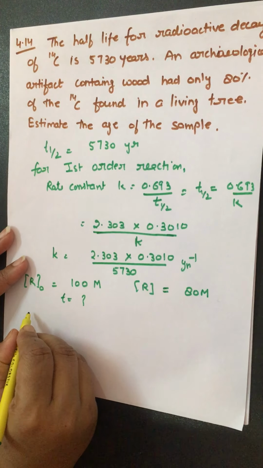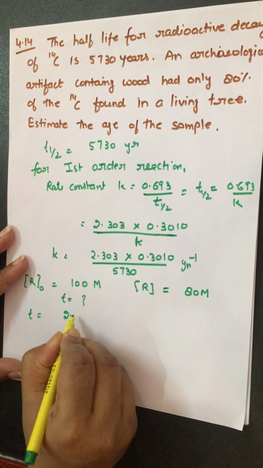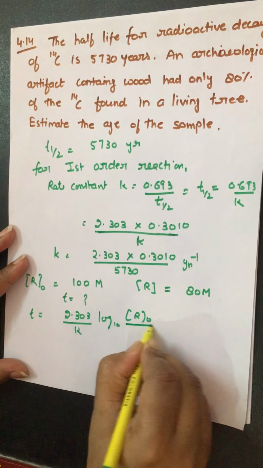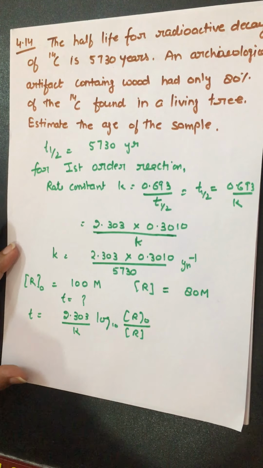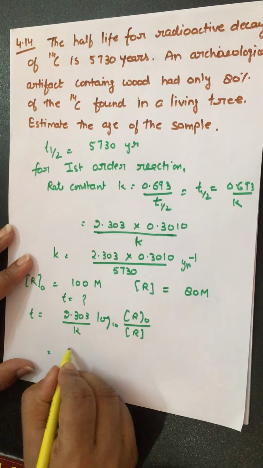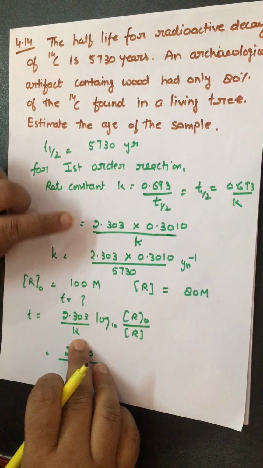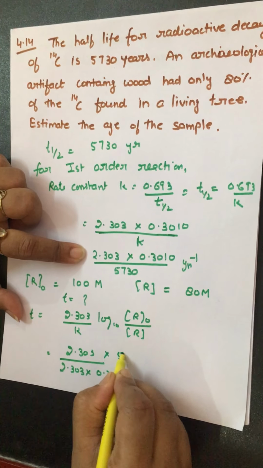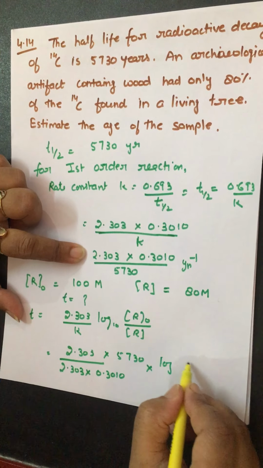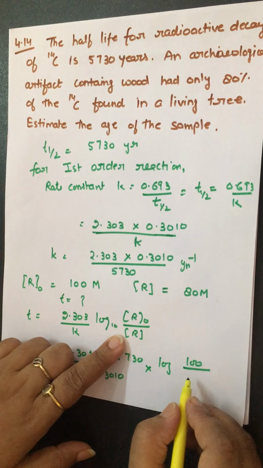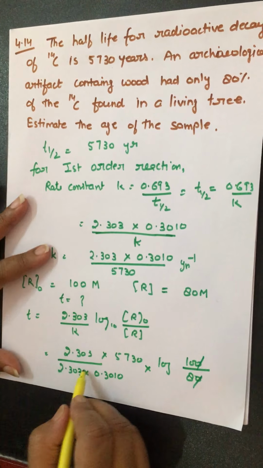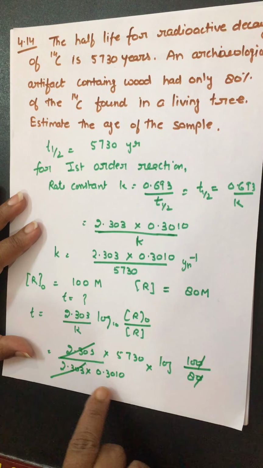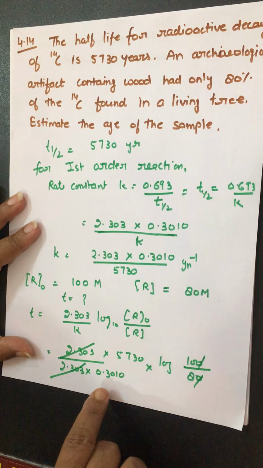Okay, now apply formula. T is equals to 2.303 over K log base 10 initial concentration over concentration of reactant after time T. Now apply all the values. 2.303, value of K, 2.303 into 0.3010 into 5730, log r naught is 100 and after time t is 80. 2.303 से 2.303 cancel, and in examination you can write 0.3010 as a 0.3 also.